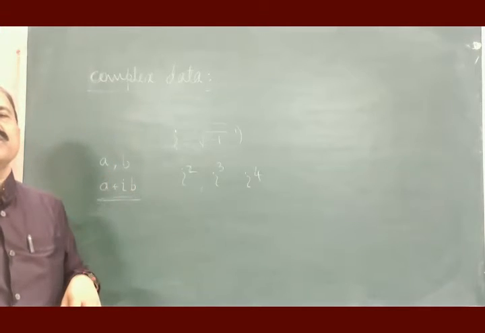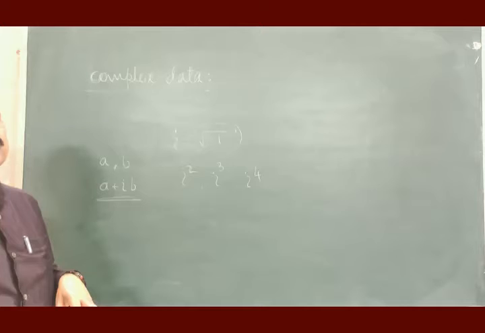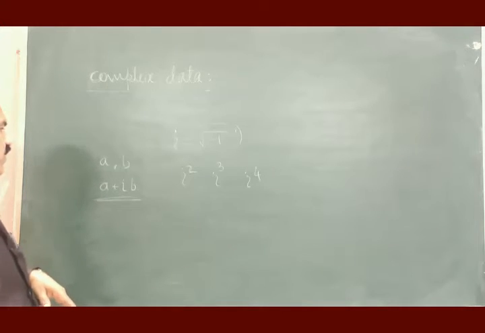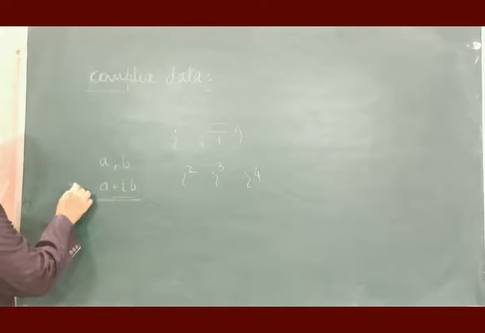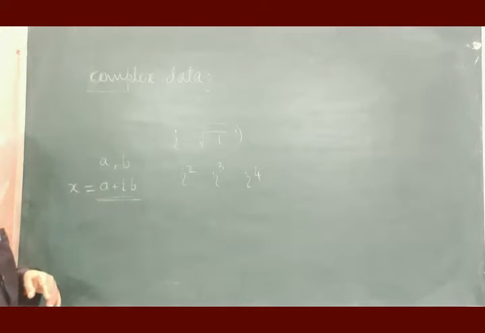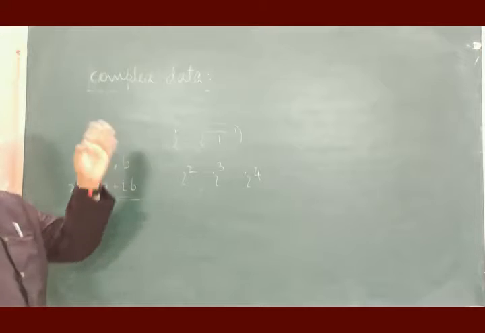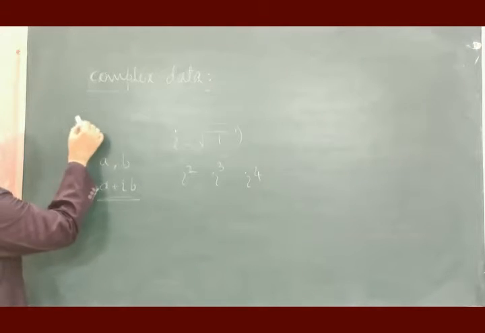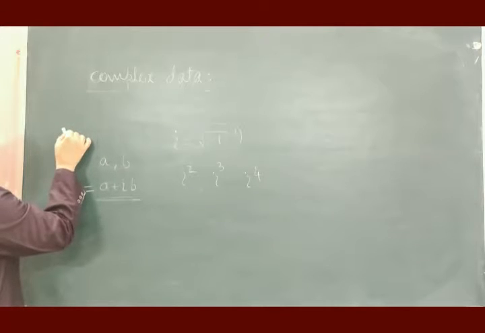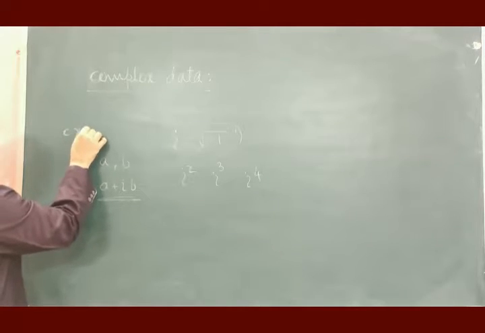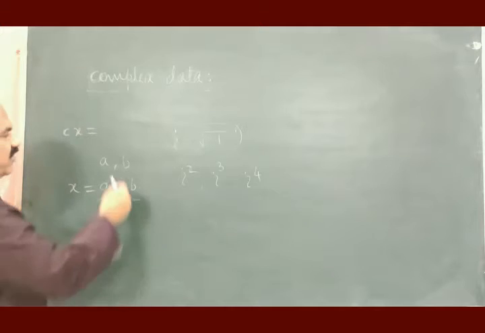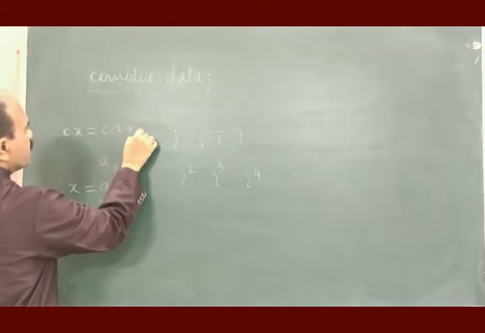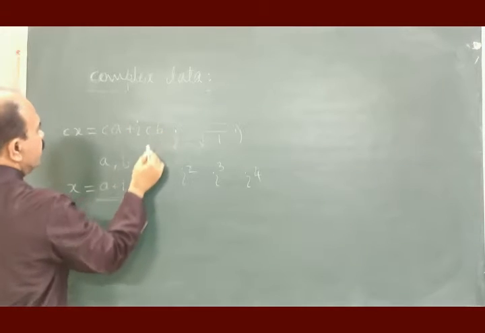Any complex number can be multiplied with a real constant. For example, if I have a complex number x is equal to A plus IB, then we may have Cx is equal to Ca plus ICB.